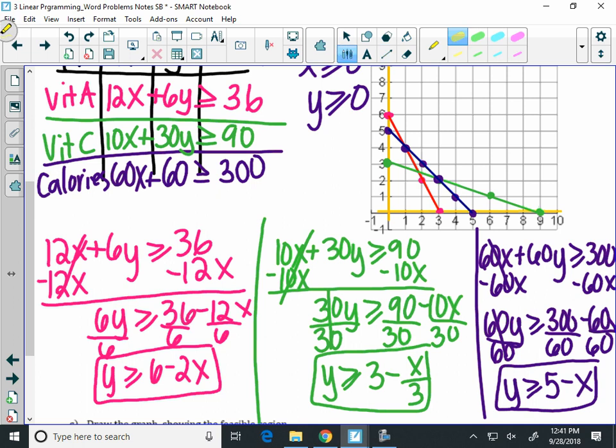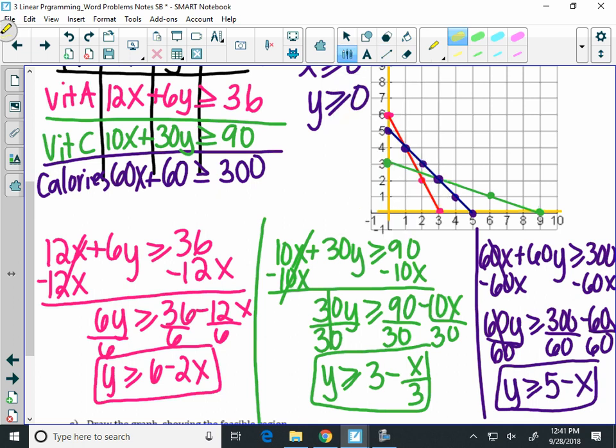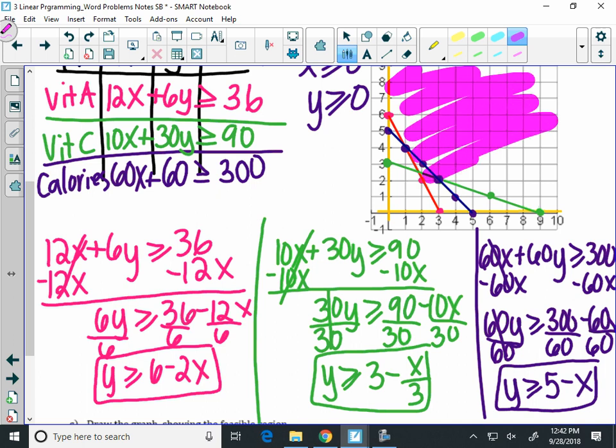Let me just show you what's going to happen here. If I shade above those yellow lines, the whole thing would be colored in yellow. I'm not going to do that. We'll just assume that everything's shaded different. If I take this red line here and I shade above, that means you are going to shade out here. And again, just wait because it's going to make a mess.